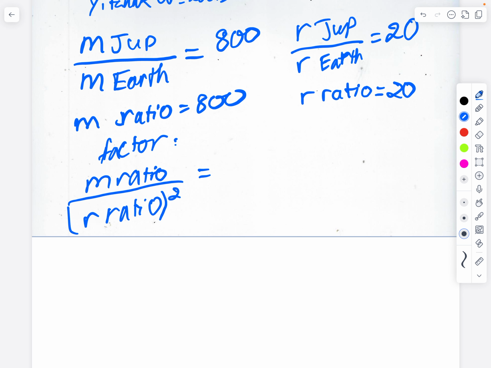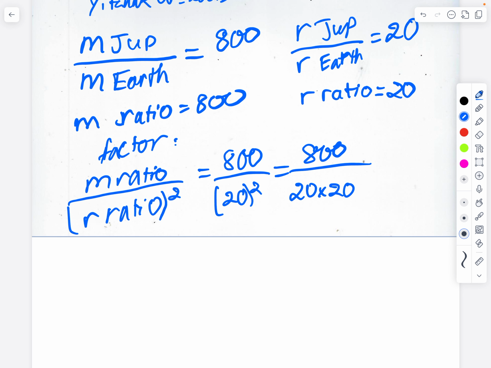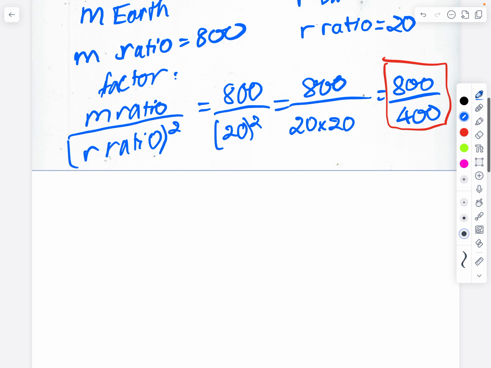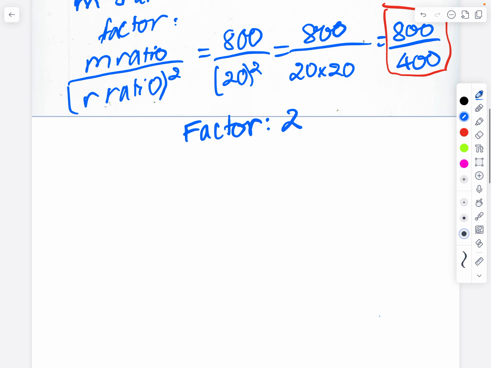So we have 800 on top over 20 squared, which is the same as 800 over 20 times 20, equals 800 over 400. And this number can be further reduced. 800 divided by 400 gives us a factor of 2. This is the factor by which Dr. Yitzhak's weight will change on Jupiter.